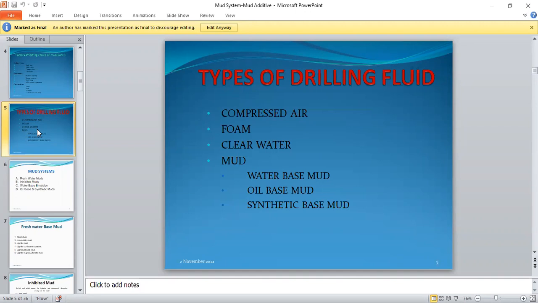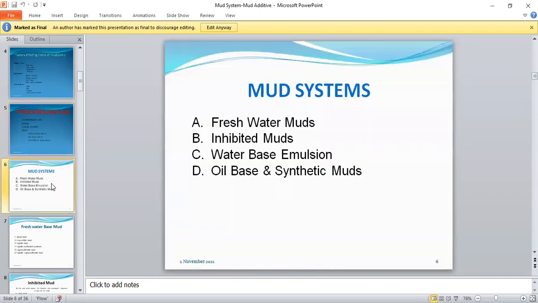The oil could be diesel, it could be another kind of oil that is compatible with all the chemicals. It could be synthetic-based mud. Synthetic-based mud in the sense that it could be biodegradable, it could be mineral oil, like that. But the base fluid is non-aqueous. When I mean by non-aqueous, it is not water.